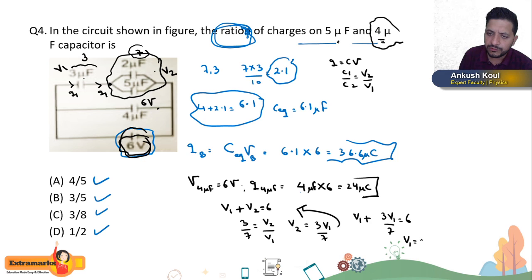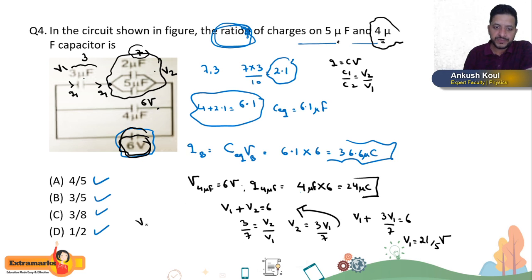V1 will be 24 by 5 volt. You can check, 7 plus 3, 10, correct? And 10 by 7, 42. I'm sorry, I think it will be 42 by 10, so 21 by 5.